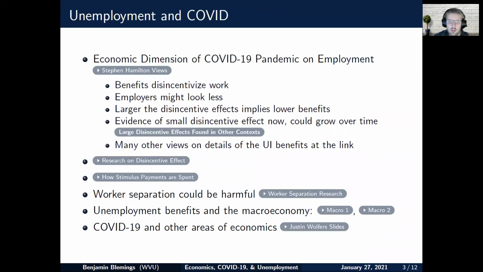I've collected a large amount of economic research on the coronavirus pandemic and unemployment for you on this slide. I'm not going to go through it in depth, but feel free to read at your own leisure. They're mostly related to unemployment benefits in this context, and some on stimulus payments.